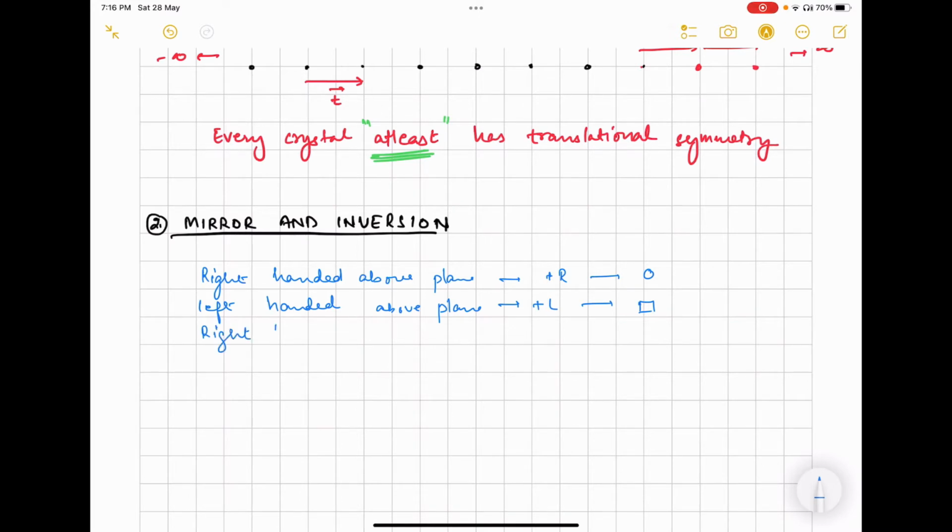Right-handed below plane will be a solid circle, and left-handed below plane will be a solid square. Alright? Okay.